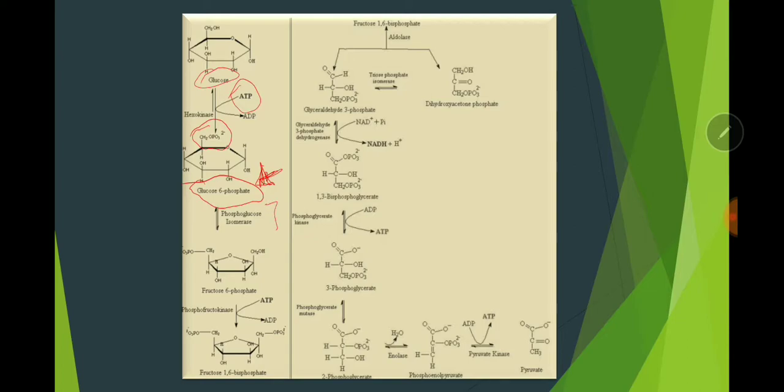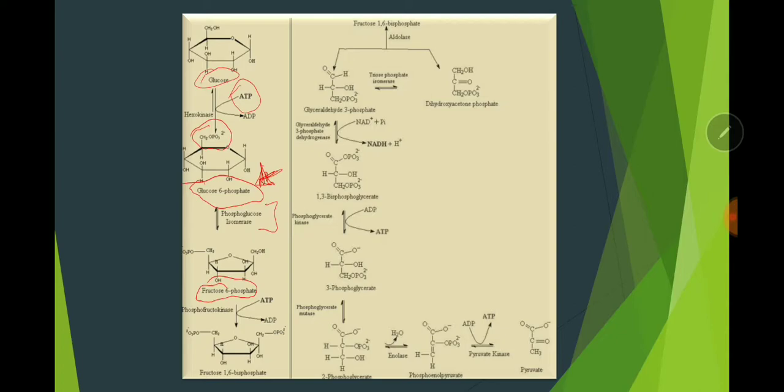And once it's trapped inside the cell, now you have phosphoglucose isomerase, which is going to, remember, isomerase converts one sugar to another by rearranging the molecules. Okay, so then you form fructose 6-phosphate.